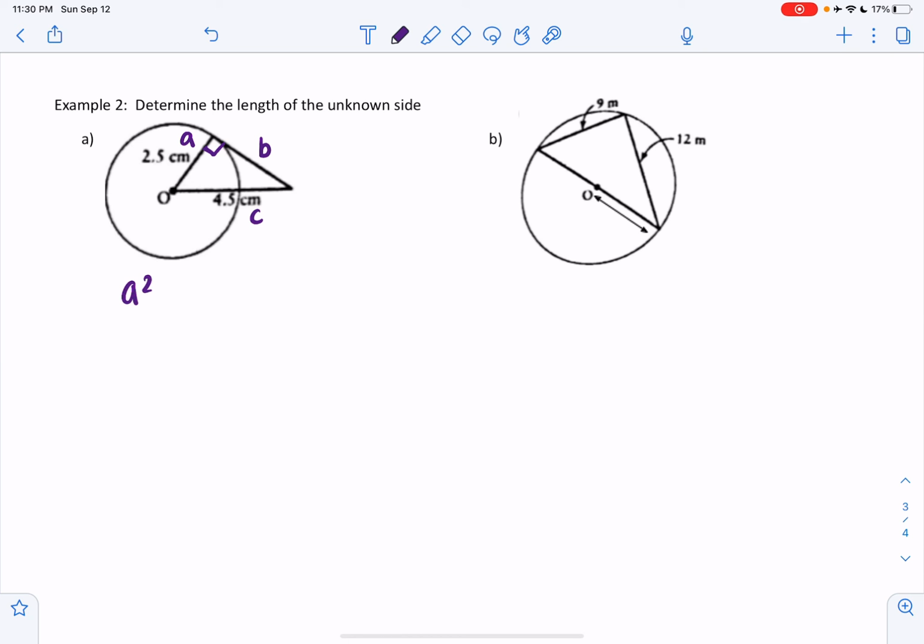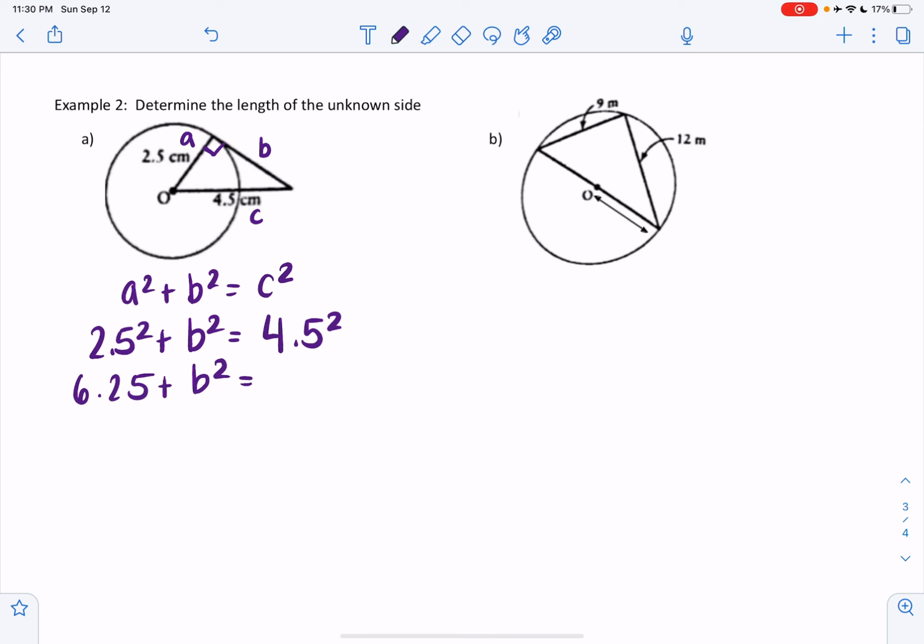So we have A squared plus B squared equals C squared. A is 2.5. We don't know B yet, and that's okay. And C is 4.5. Now we just put those into our calculator. 2.5 squared gives us 6.25. We don't know B yet, so that can just wait. 4.5 squared is 20.25.